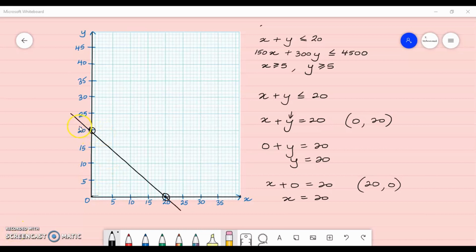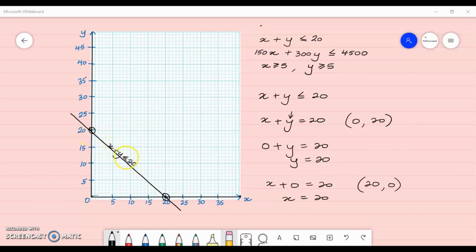That's my line there that represents the equation X plus Y is less than or equal to 20. Now remember that it's an inequality that I was working with.